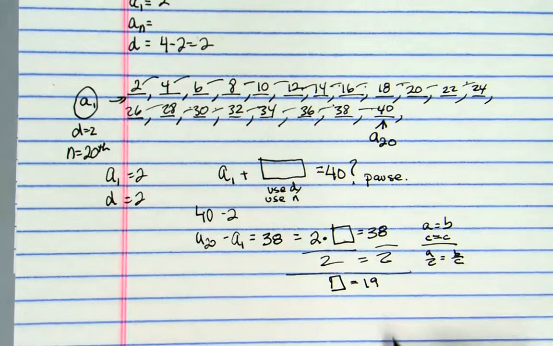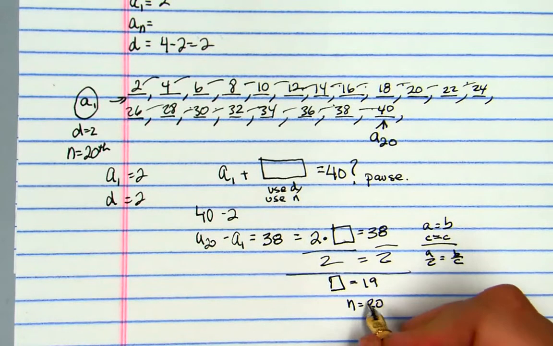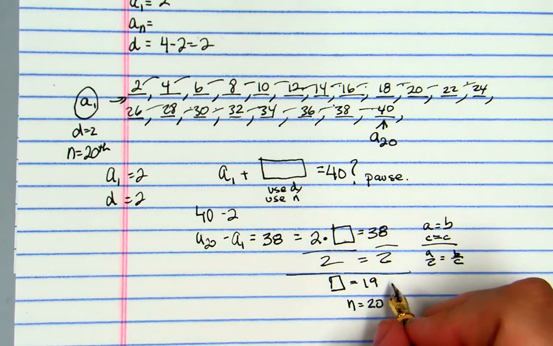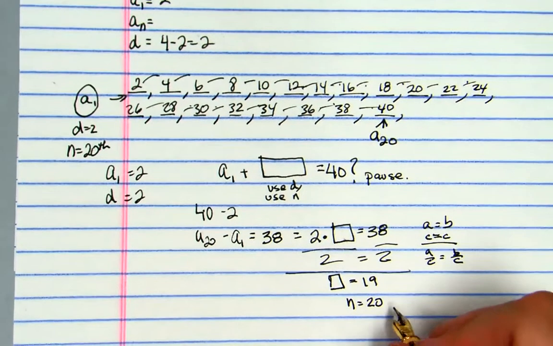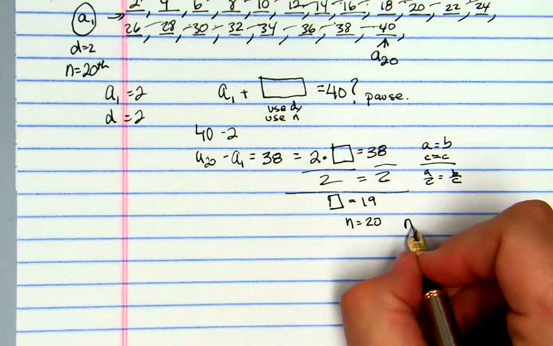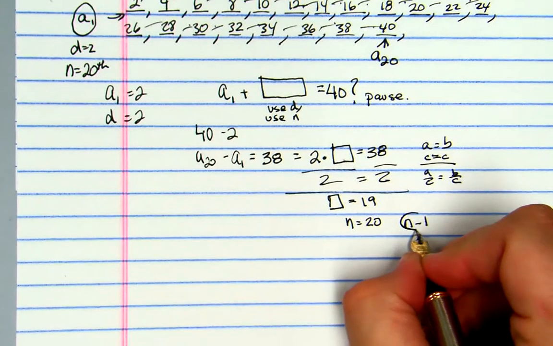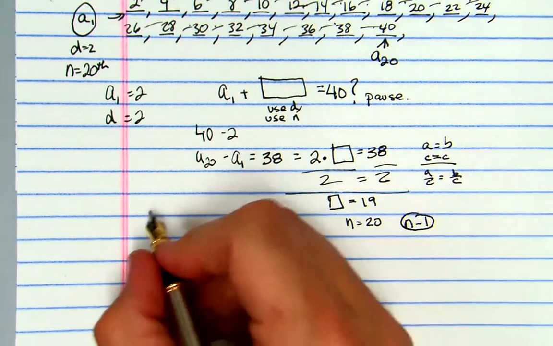Now, knowing n is 20, how can I make n into 19? Give you a couple seconds for that. 5, 4, 3, 2, 1. We can make n into 19 by saying n minus 1. And that's the key right there.